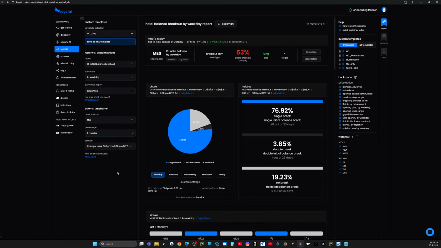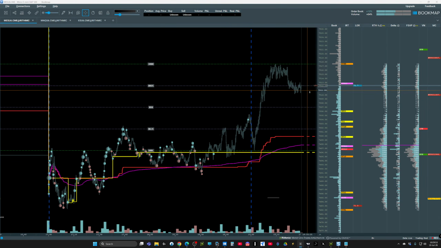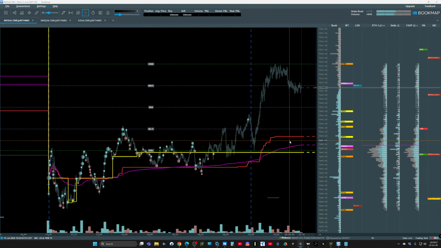So anyway, this says 76%, 77% probability we'll single break. So that means if you look over here, there's 70% we're going to break one of these sides, meaning that there's a total 30% we don't.